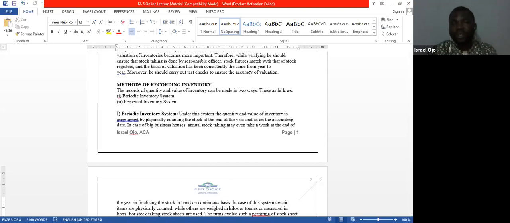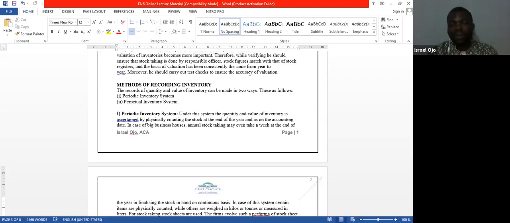That's periodic. Periodic inventory system deals with anything purchase: they debit the purchase account, they credit payable or bank accounts. So the inventory record is done at the end of the period.